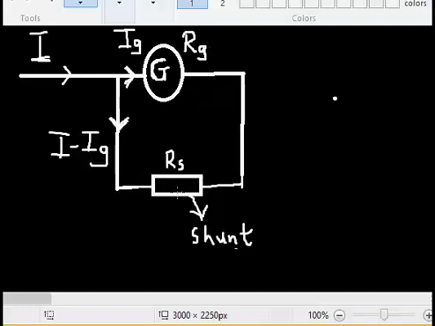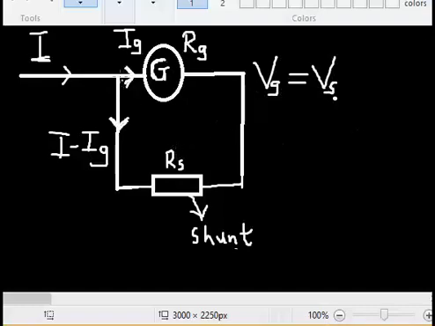Now both the shunt resistor and the galvanometer are in parallel, and you know very well that if resistors are in parallel, the voltage is always equal. So the voltage across the galvanometer is still going to be the same voltage across the shunt because they're in parallel.